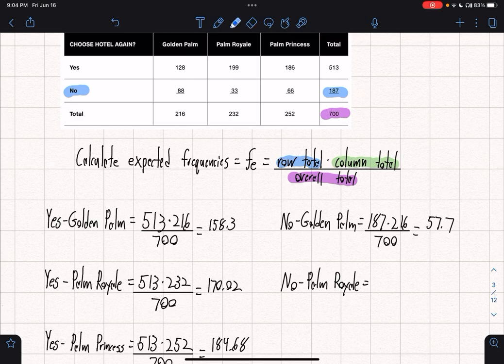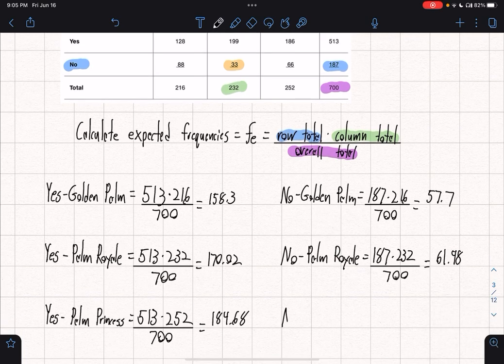Now we want to do no Palm Royale. So we still have 187 for our row times 232. I'm getting a little carried away here with my colors. 232 divided by 700 is equal to 61.98.